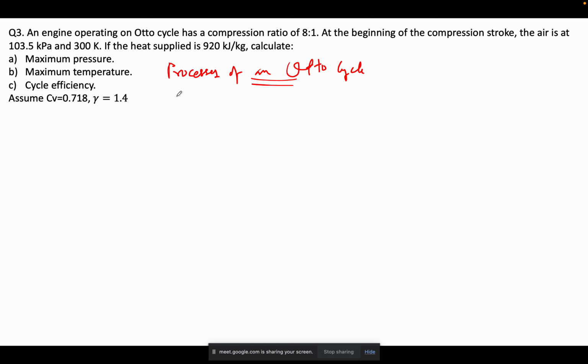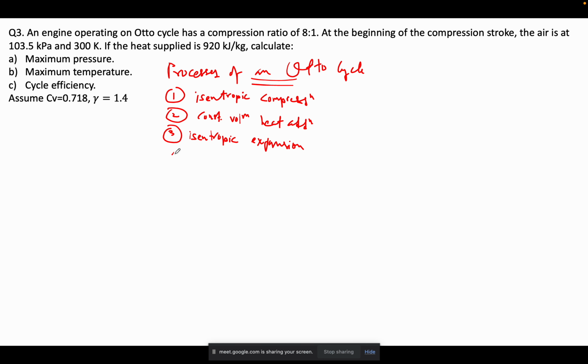Okay, there will be an isentropic compression, then there will be a constant volume heat addition, then there will be isentropic expansion, and then there will be constant volume heat rejection.